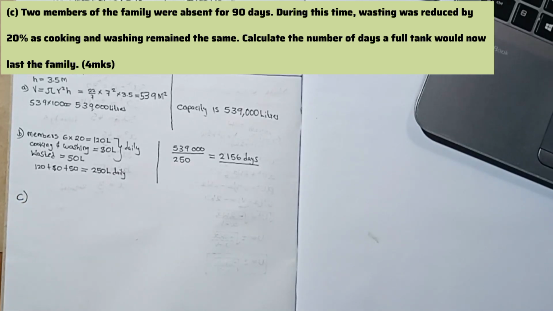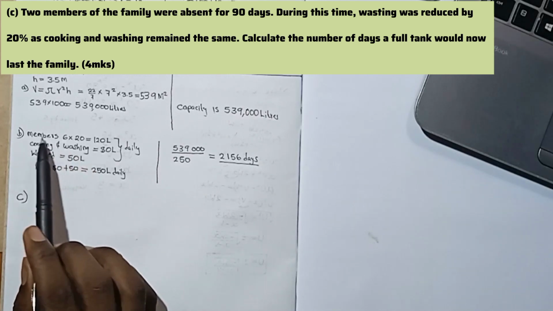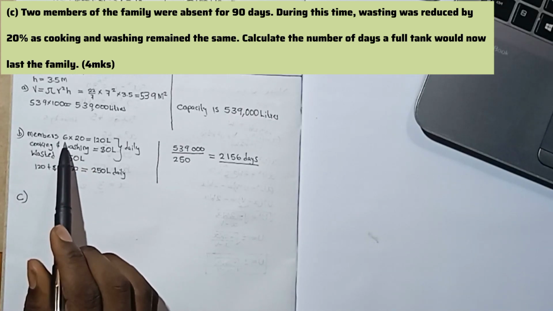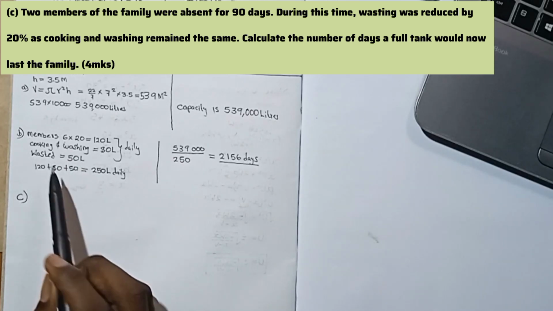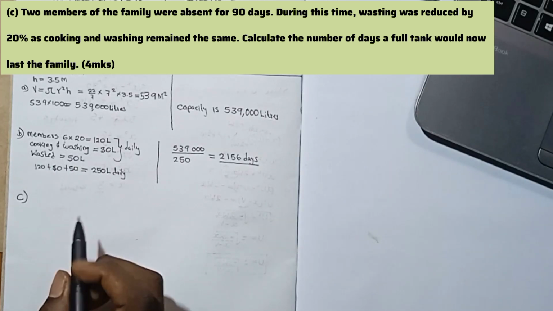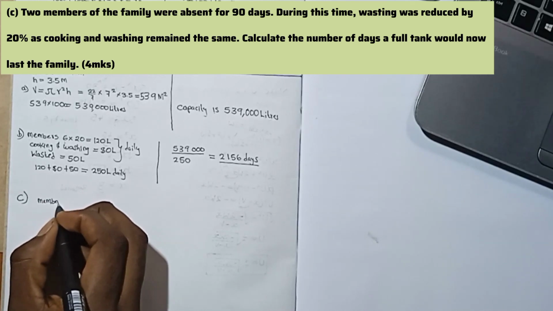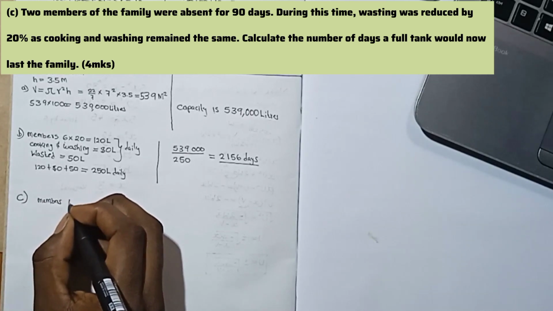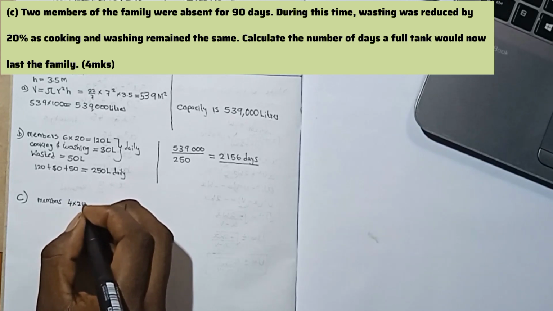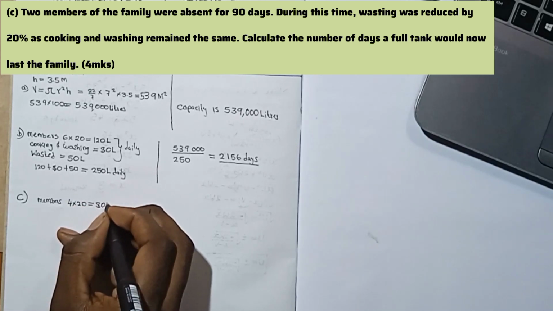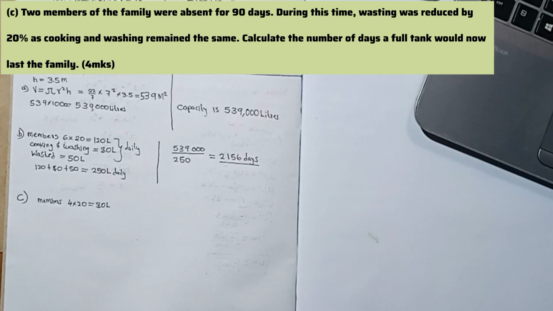2 members of the family were absent for 90 days. So the total number of members was 6 initially, but it has reduced by 2, so members are 4. So 4 multiplied by 20 is equal to 80 liters per day for the first 90 days.